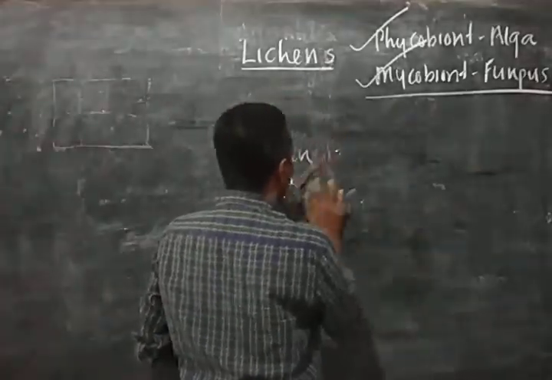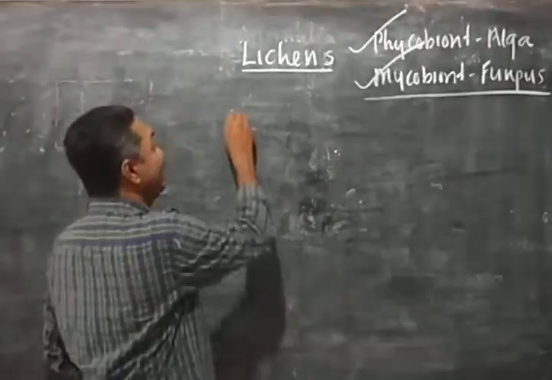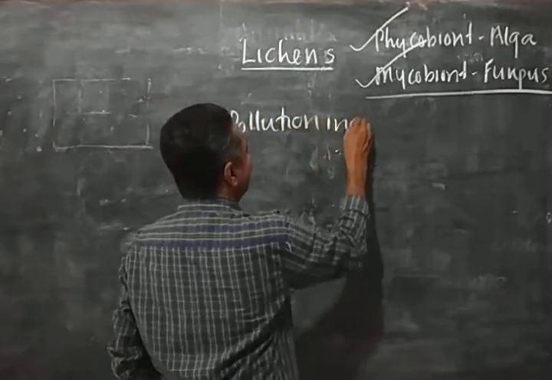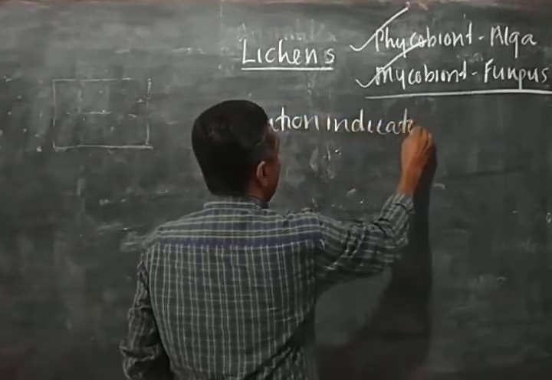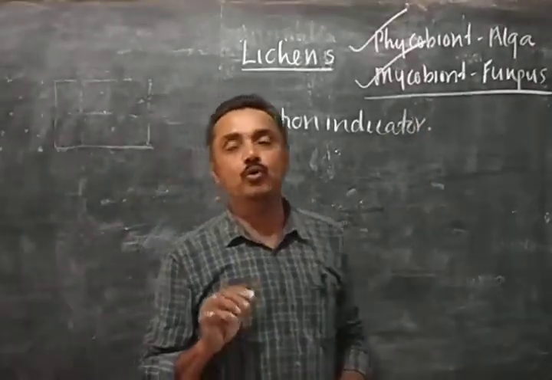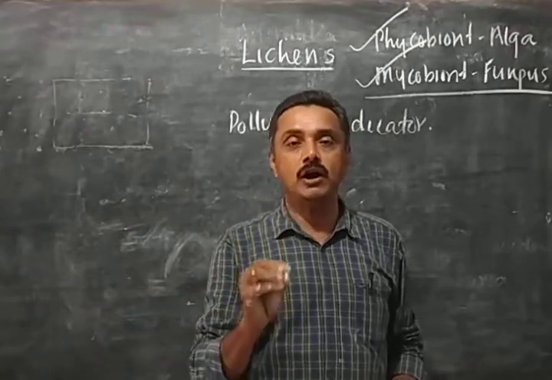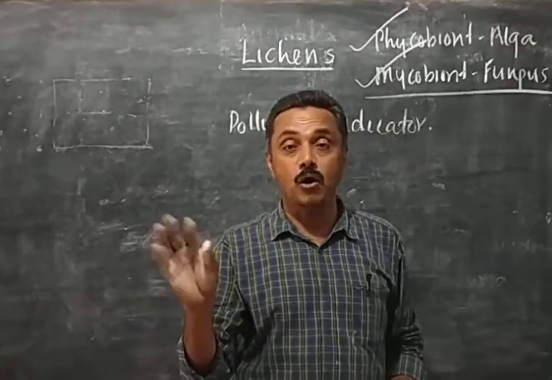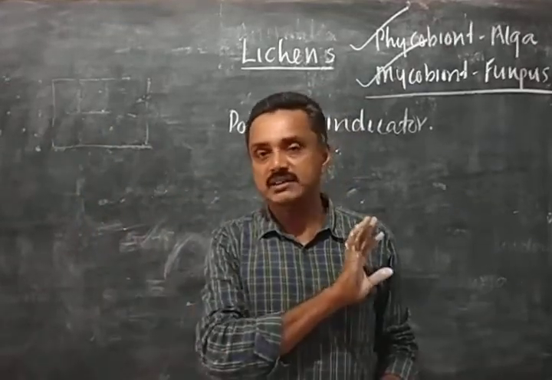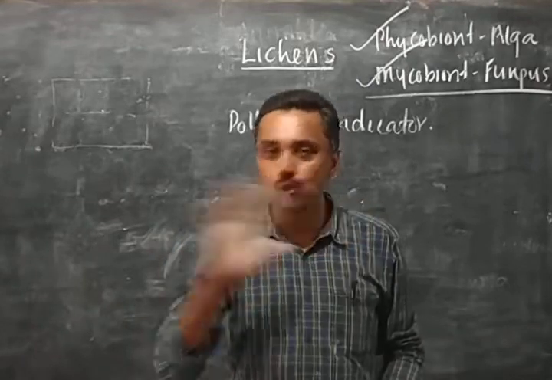And what is the importance of lichen? Lichens are pollution indicators. You know what an indicator is? One who indicates is called an indicator. Lichens are pollution indicators, meaning lichens grow in non-polluted areas where the atmosphere is very clean. They cannot grow in city areas, because in the city the air is completely polluted.